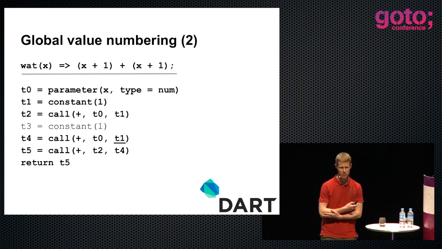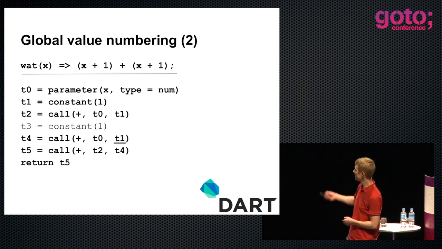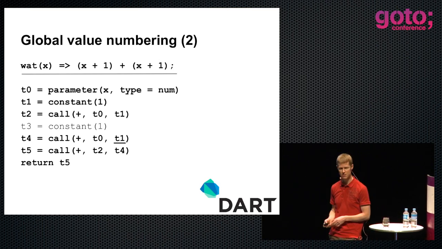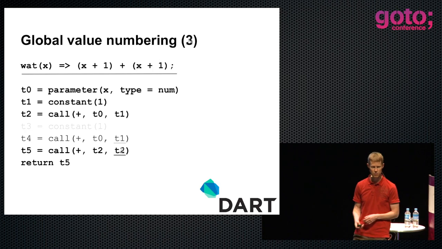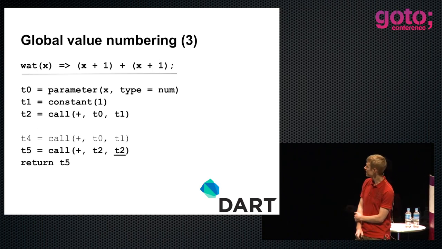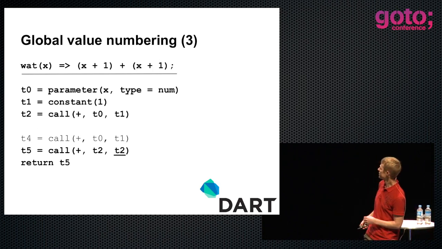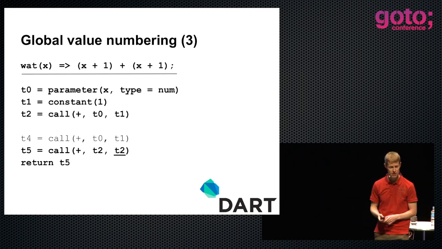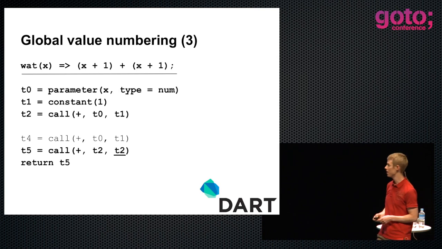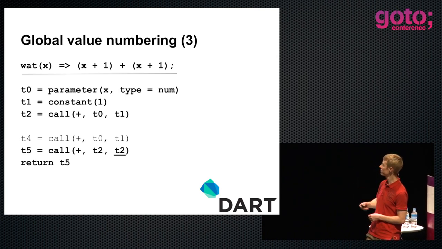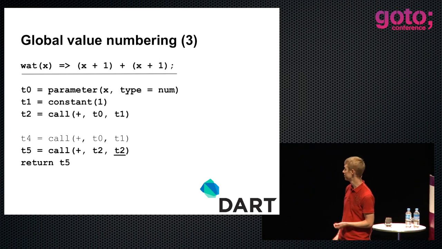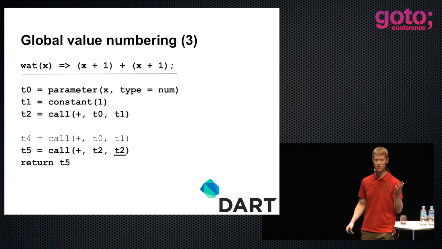So global value numbering will run through this code and figure out that the constant 1 introduced at T3 is something we've seen before. So we can get rid of that and replace it. My point was that the T3 one we can get rid of, and we can replace the use of T3 with a T1 in the call to plus there. So that means that T3 goes away completely.